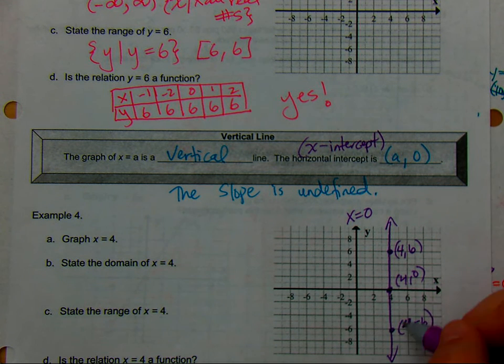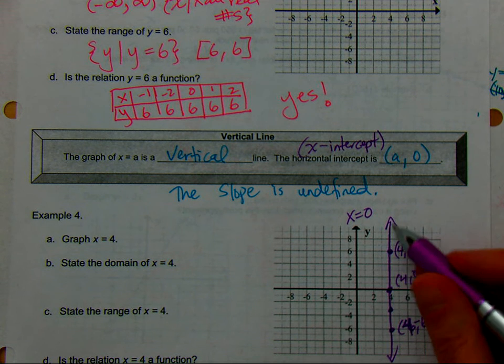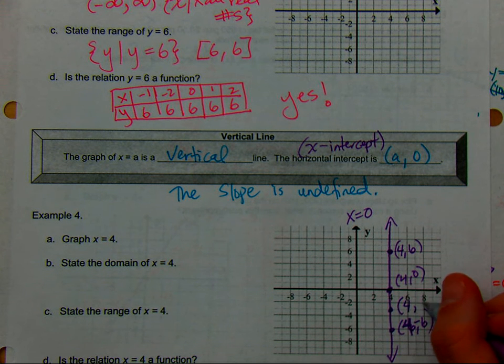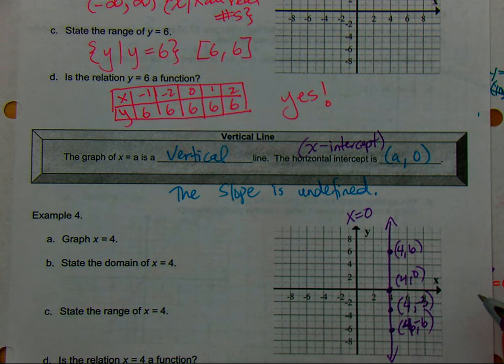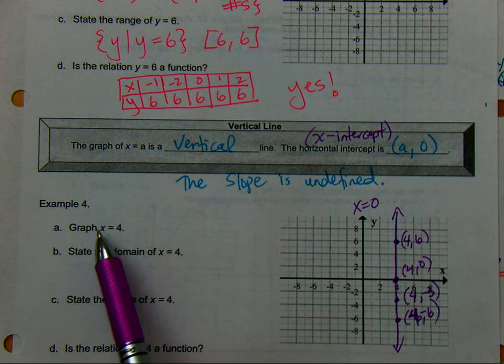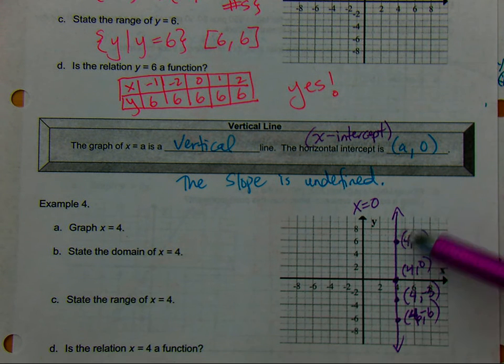So all along, all of these points on this line, an infinite number of points, they all have one thing in common, and that is that the x value is what? 4, right? The x value is 4. So every time you have x equals a number, you have a vertical line.